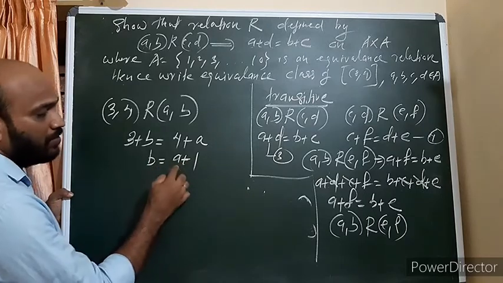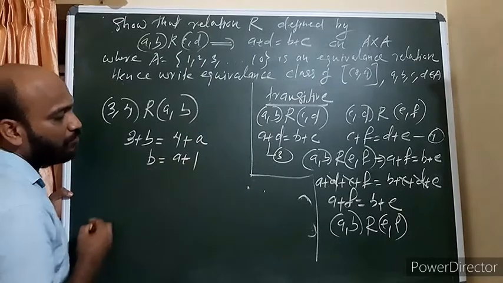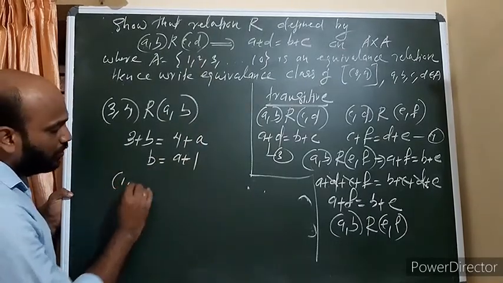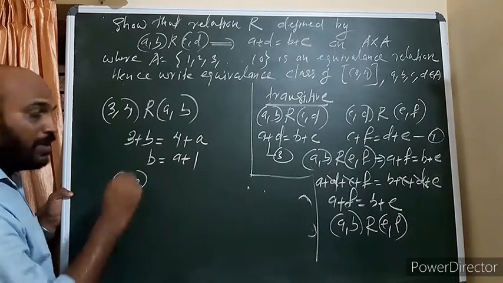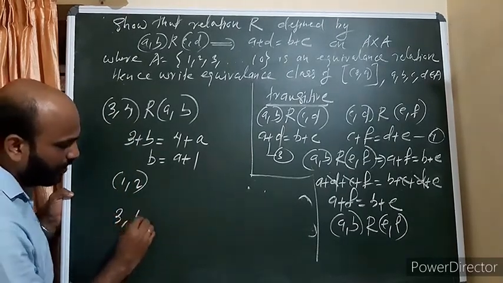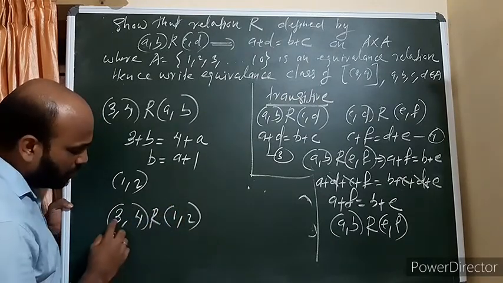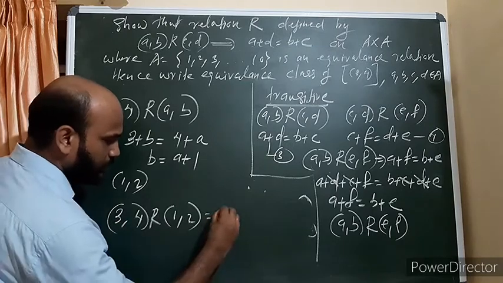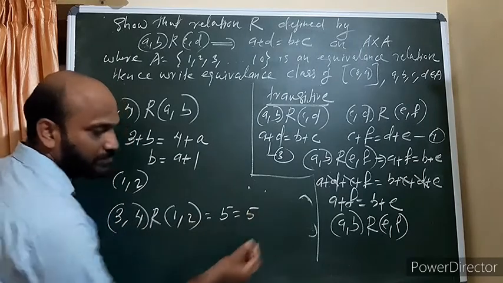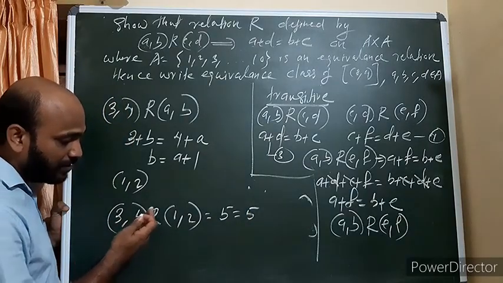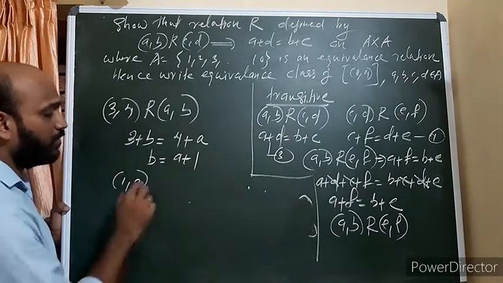Now take values for a. When a equals 1, what is the value of b? 2. That means (1, 2), which implies (3, 4) is related to (1, 2). You can verify: first plus fourth is 5, second plus third is 5. So (3, 4) is related to (1, 2). So the first element related to (3, 4) is (1, 2).